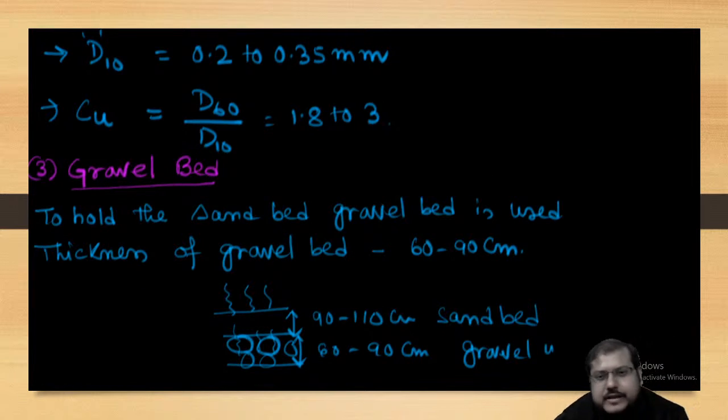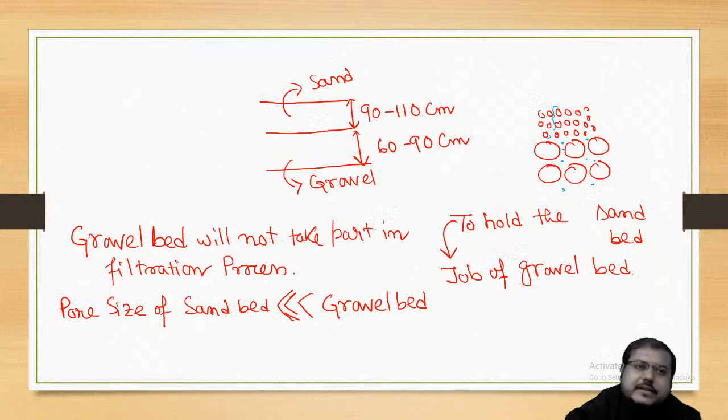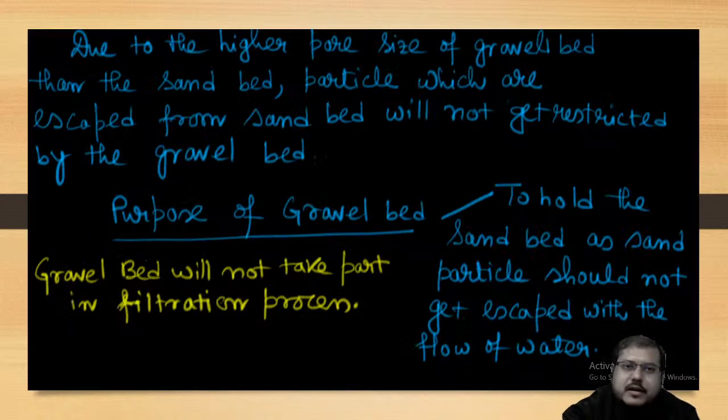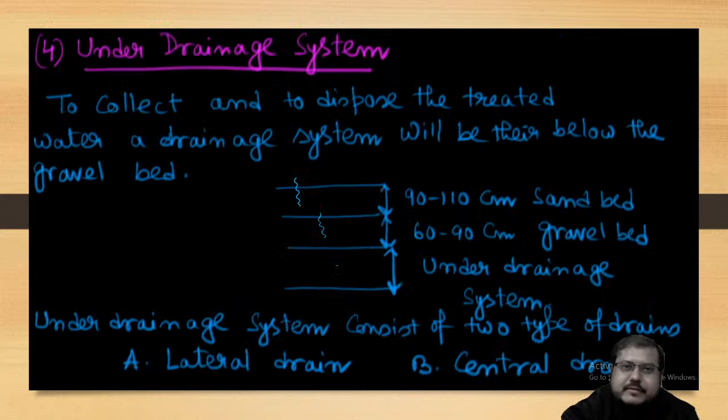What is the gravel bed? What is the job of the gravel bed? What is the thickness? Everything we have discussed. And then sand bed, and after that the underdrainage system also we have discussed.